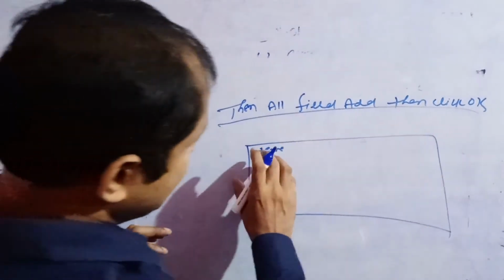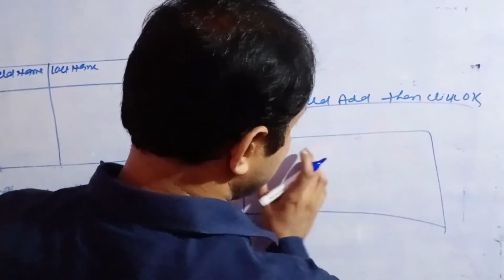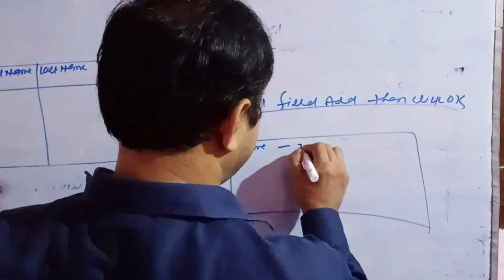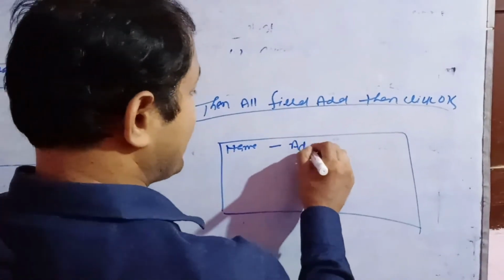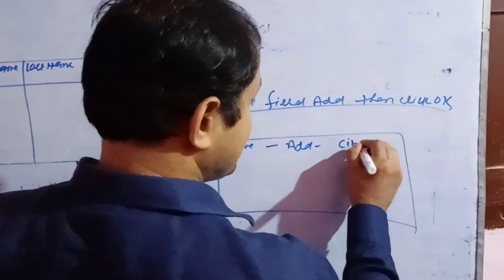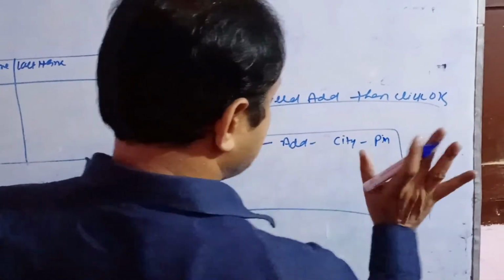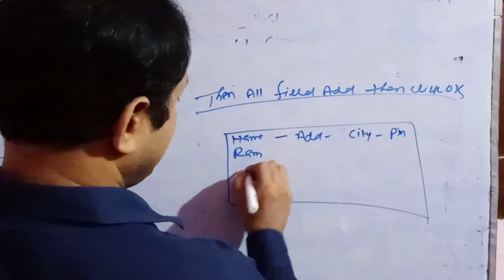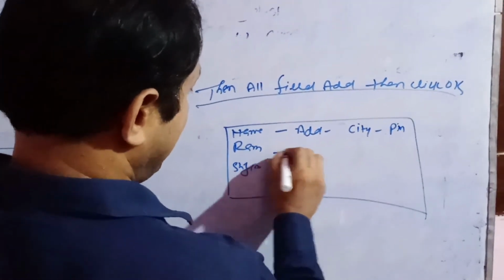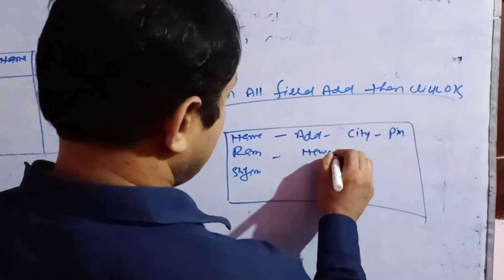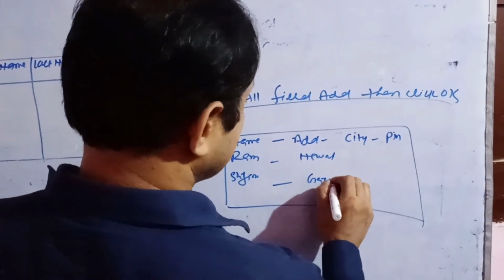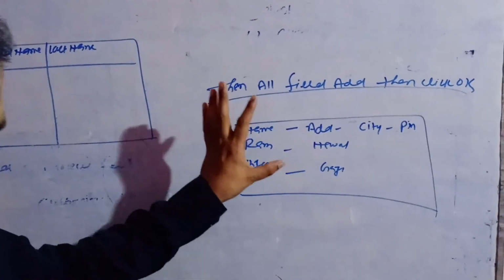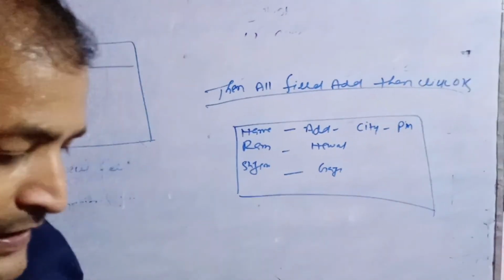All the parts are automatically added in this particular dialog box. Name, you add address, you add city, you add pin code. And name Ram, name Syam, address Nevada, address Gaya. So all our fields are fulfilled.